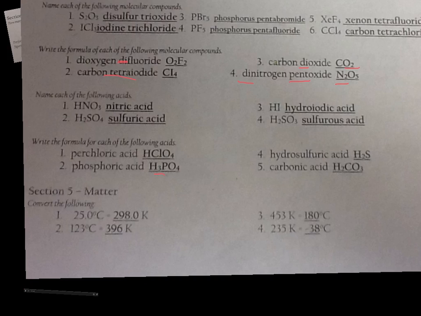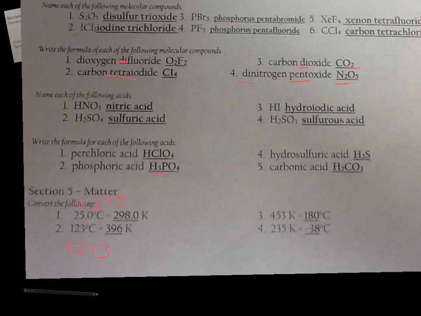To convert from Celsius to Kelvin, you add 273 to it. So 25 plus 273 is 298. And the same thing applies to number 2, 123 degrees Celsius plus 273 equals 396.